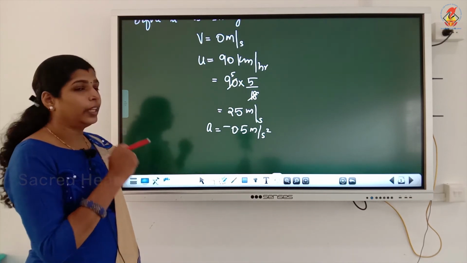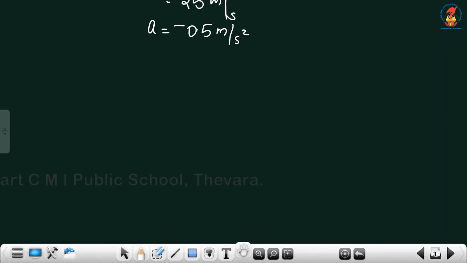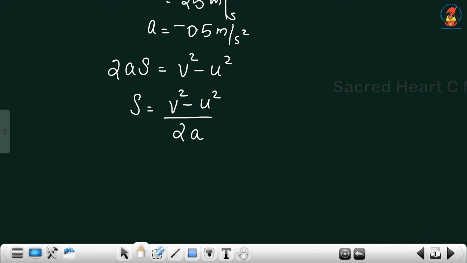Using third equation, that is 2AS equal to V square minus U square, or S equal to V square minus U square by 2A. Now, what is V square?